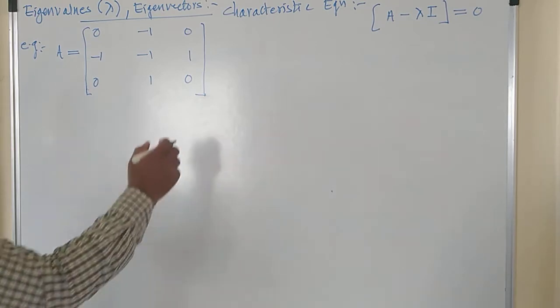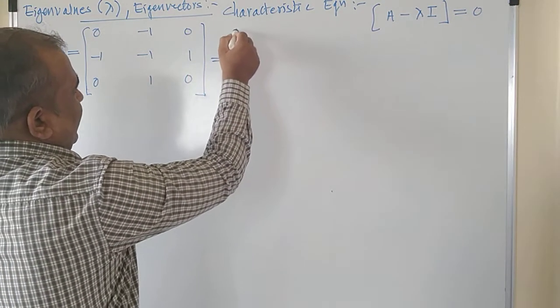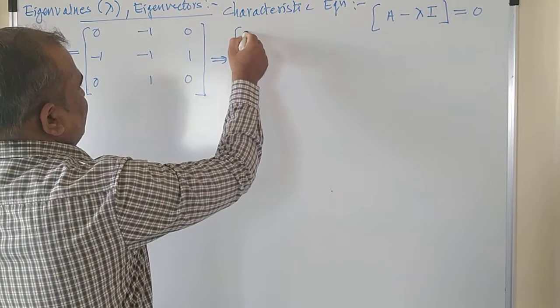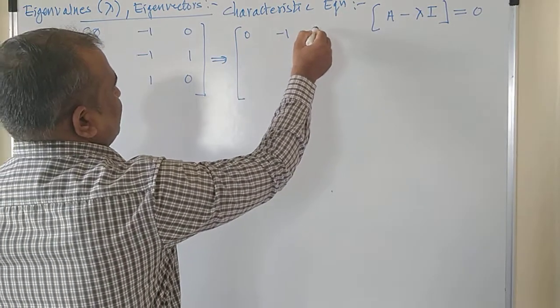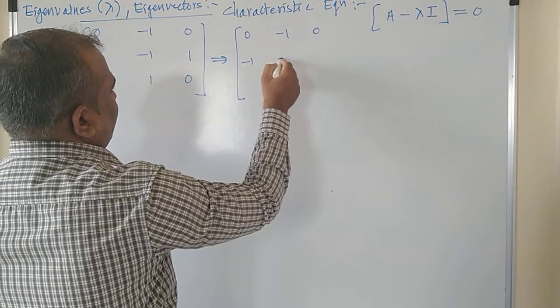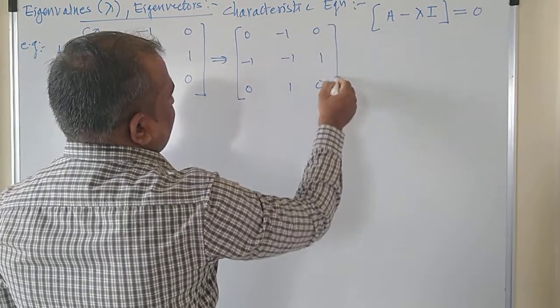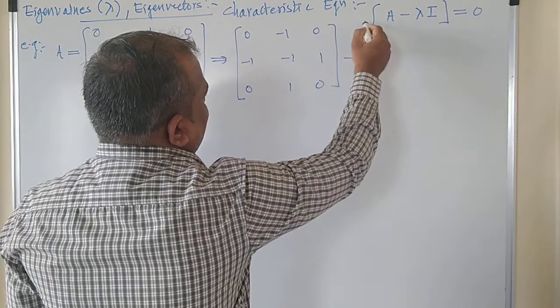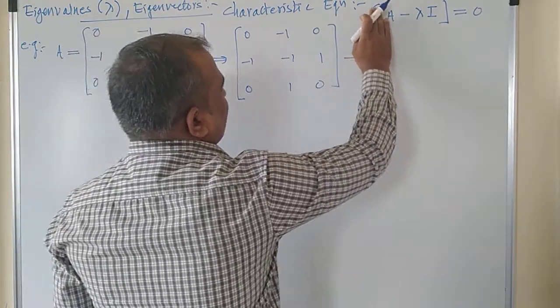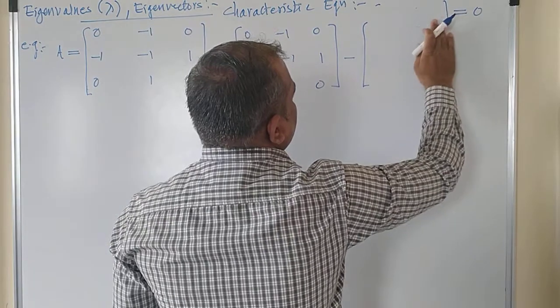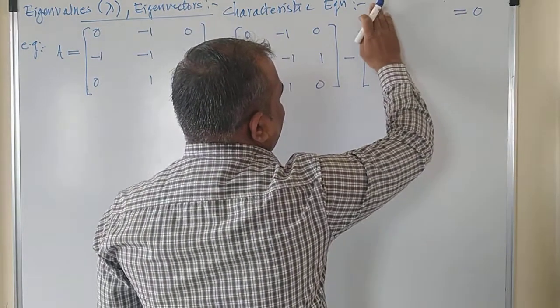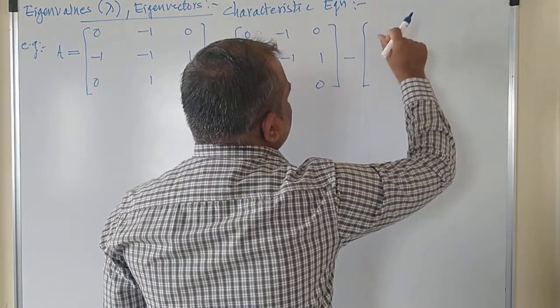So let's do it here. A minus lambda I is the matrix 0 minus 1 0, minus 1 minus 1 1, 0 1 0, minus lambda times the identity matrix.